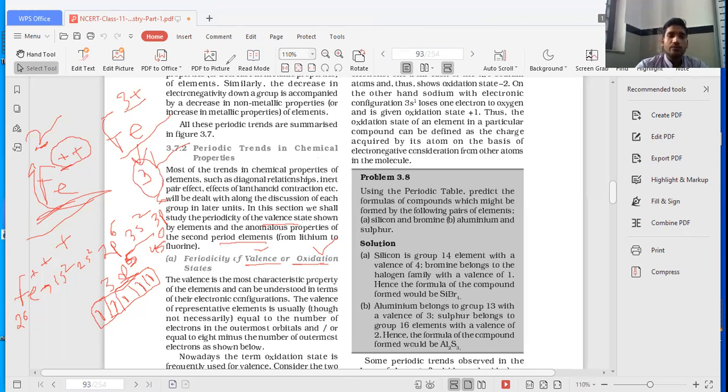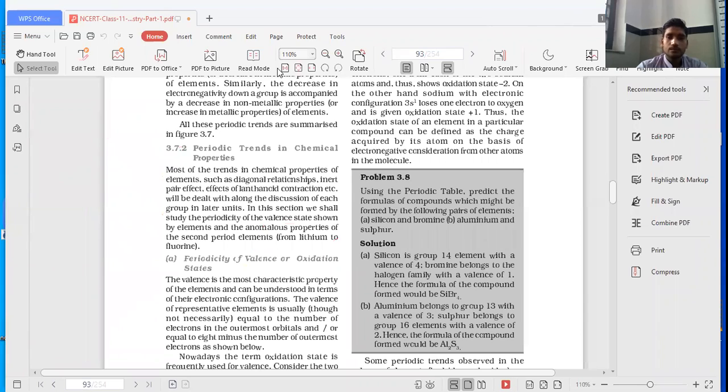So let's move and discuss the trends in the valency or oxidation states in the periodic table. Periodicity of valency or oxidation states.